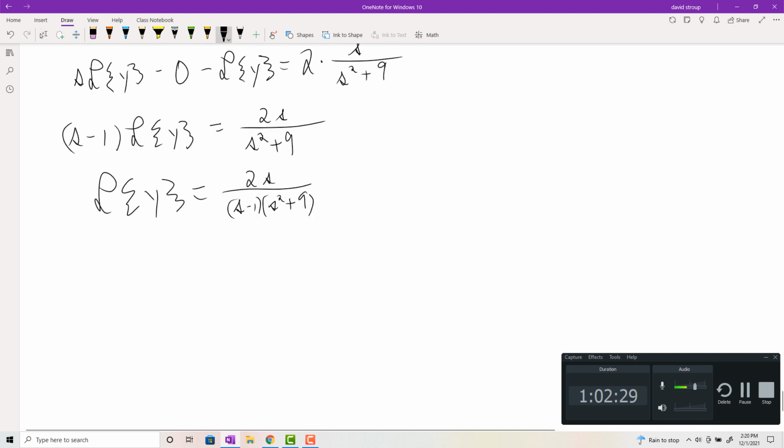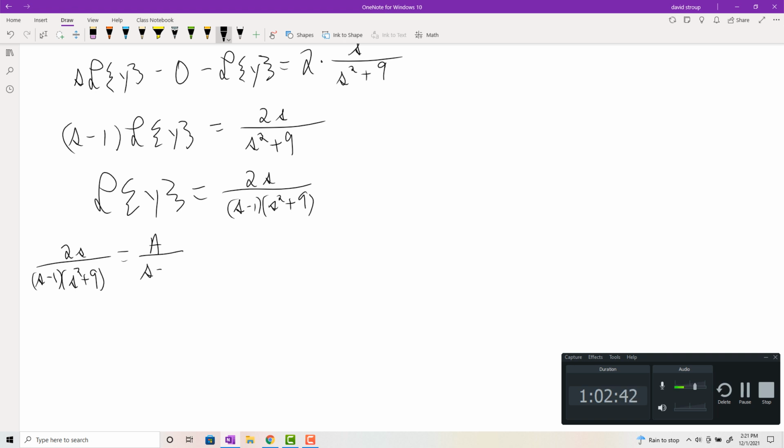Then you need to do partial fractions on that. Okay, so 2s all over s minus 1 times s squared plus 9. So partial fractions, this will be constant all over the linear plus this linear over a quadratic. Multiply through to get rid of the fractions.